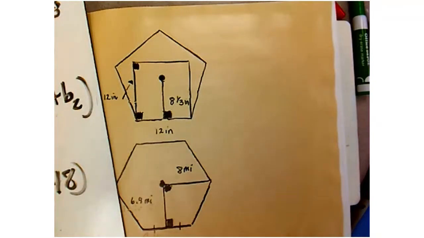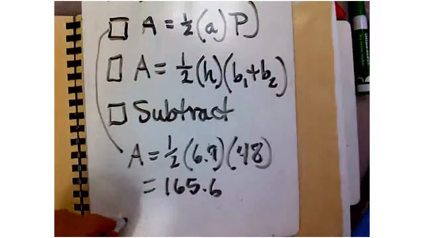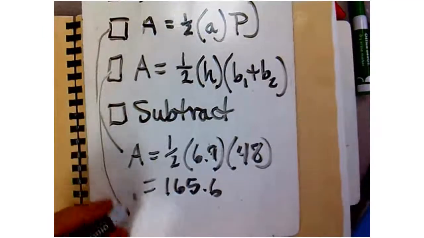It's 4, because the apothem is perpendicular to the base. Remember from way back when, if you have a line perpendicular to a regular side, it splits the side in half, right? So it's 4. So you have 8 plus 4 is 12.